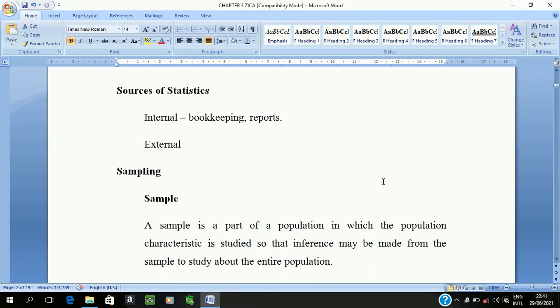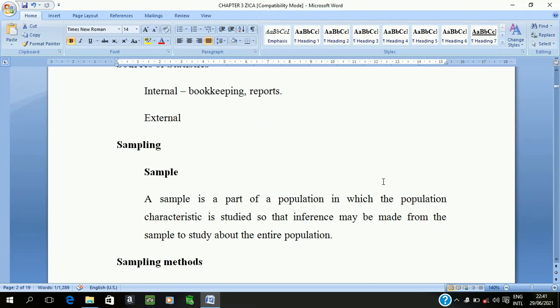Let's talk about sampling. Sampling is simply the process of picking a sample from the entire population, and a sample can be explained as a part of a population in which the population characteristics are studied so that inference may be made from the sample about the entire population.